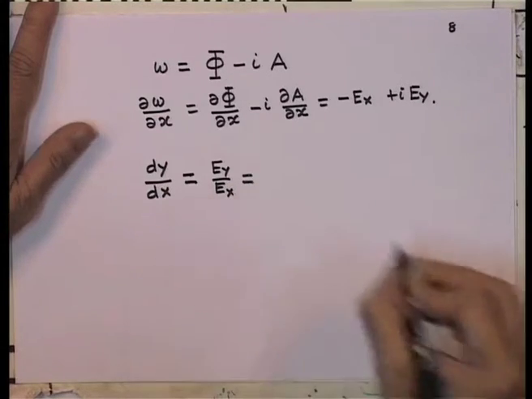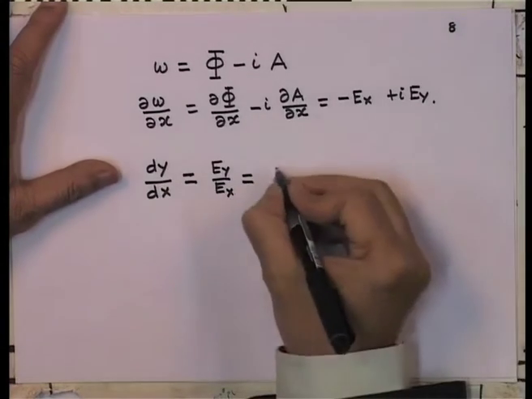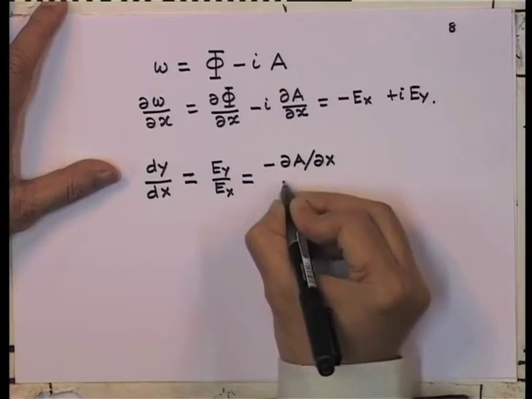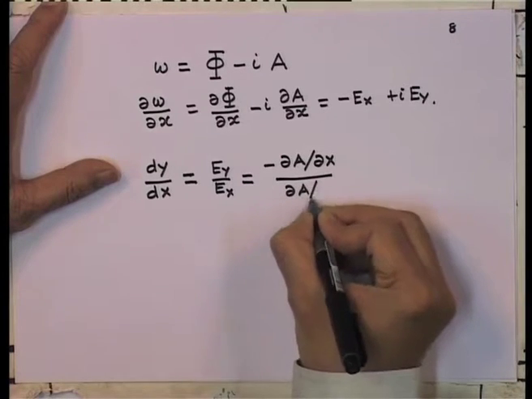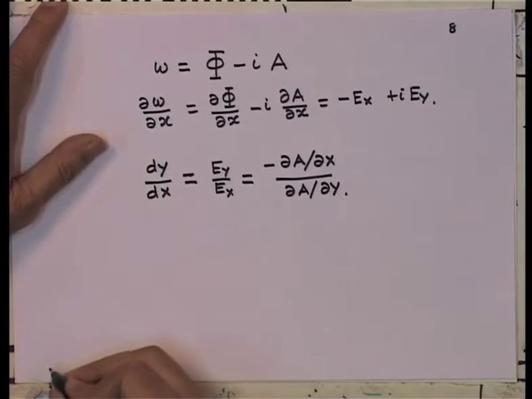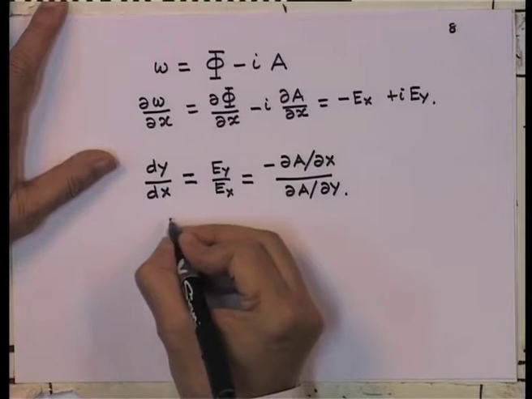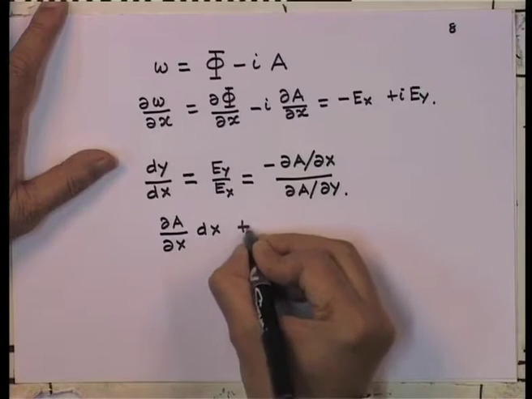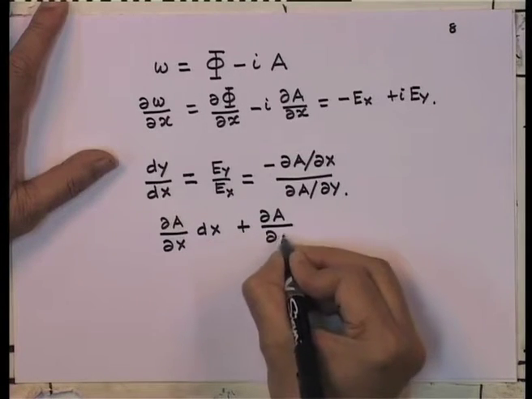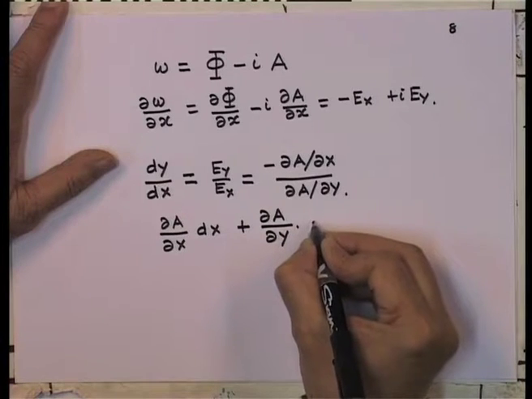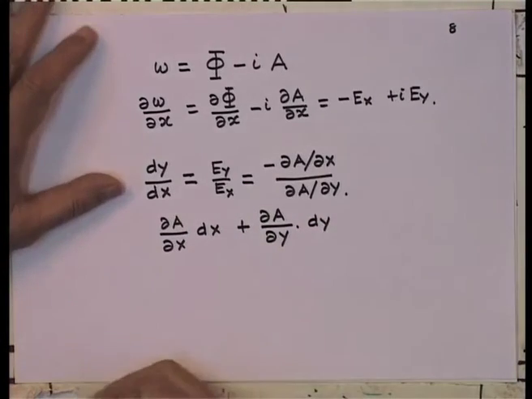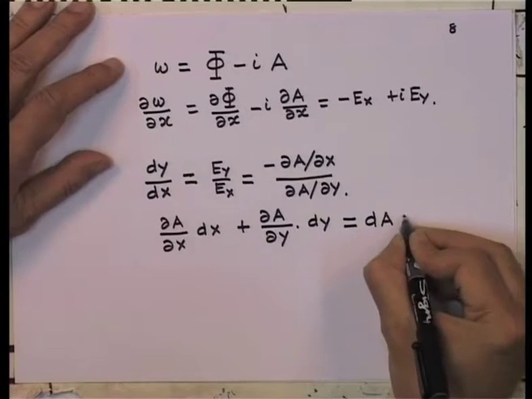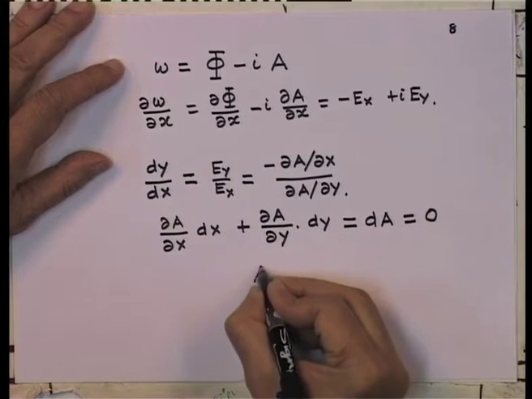Now, if you write it in terms of the complex potentials, then this is minus dA by dx divided by dA by dy. Now, this tells me that dA by dx plus dA by dy, which is identical to dA, must be equal to 0, which implies that A is constant.